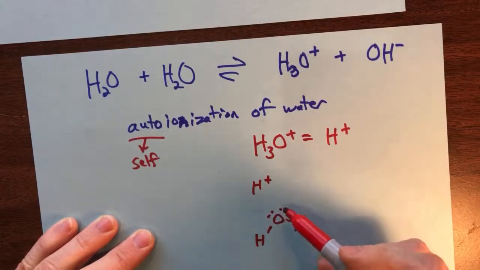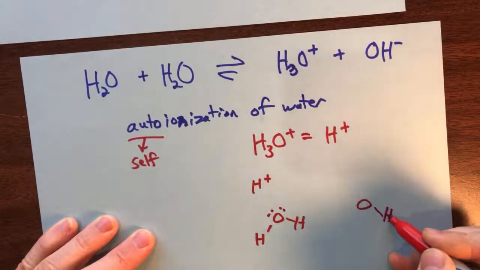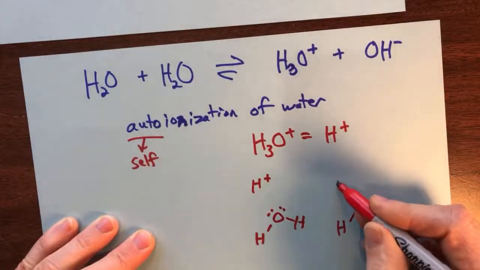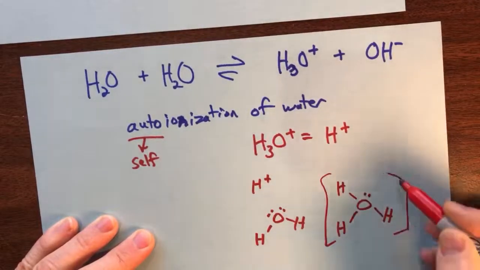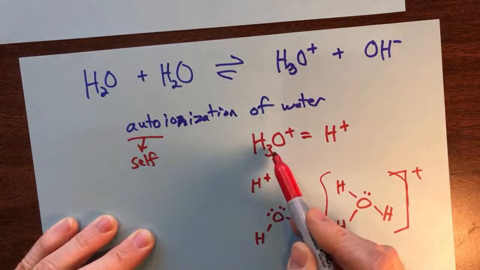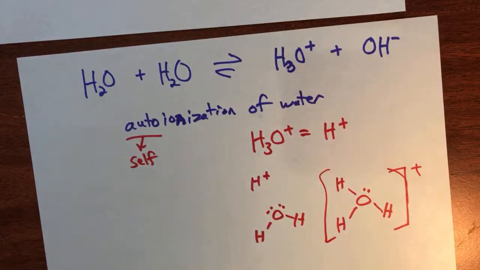Anytime you have H plus in water, it's going to make H3O plus, and the overall thing has a positive charge. So anytime we see H3O plus or H plus, when you talk about something in water, they're the same thing.